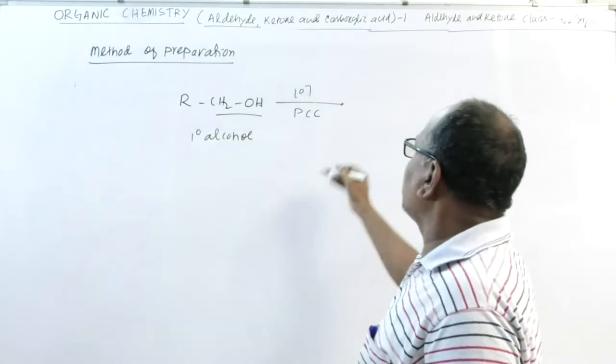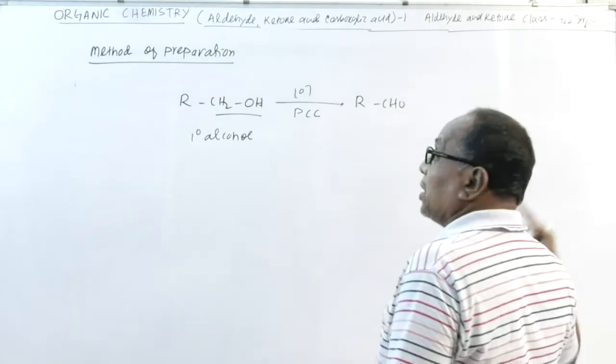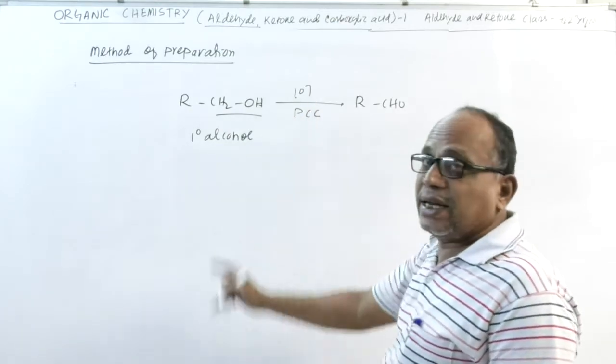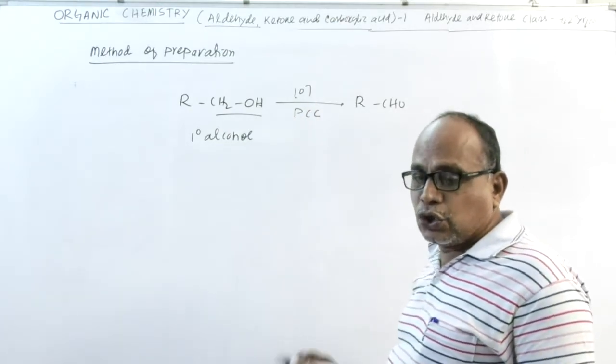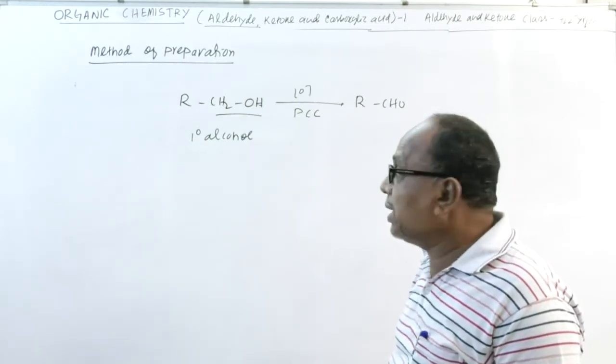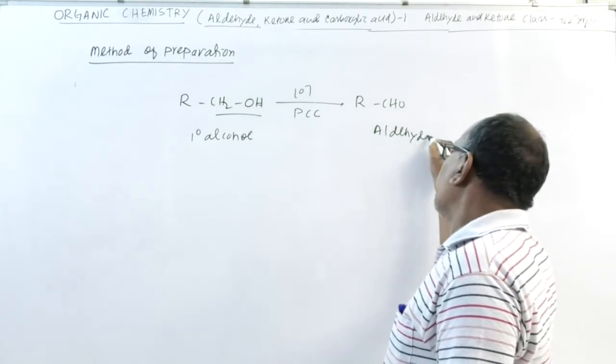This group is oxidized directly, it gives CHO. Mind you, this cannot be further oxidized to carboxylic acid, because PCC is such a reagent which can stop the further oxidation of aldehyde to carboxylic acid. This is your aldehyde.